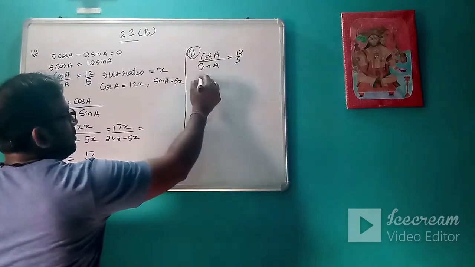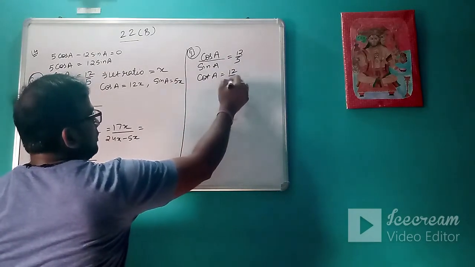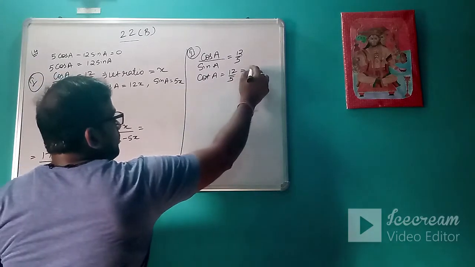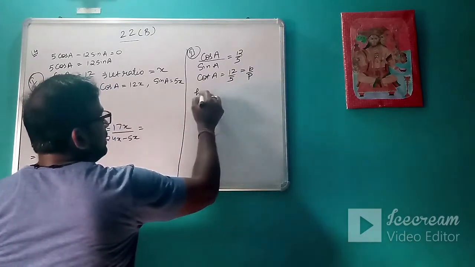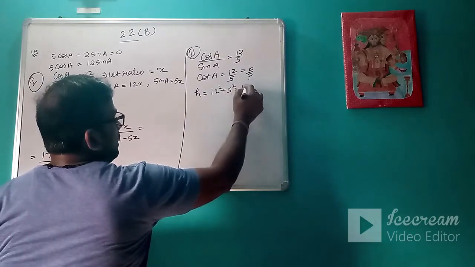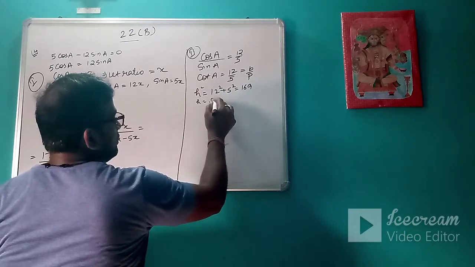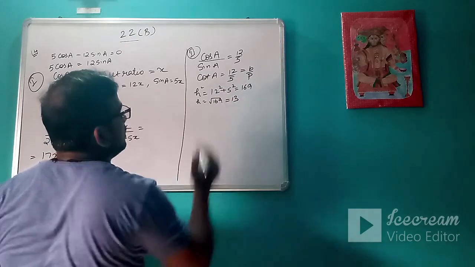So what is cos upon sin? It is cot A equal to 12 upon 5. So what was cot? B upon P. So we will find the value of H, so you will get 169. So H you will get as root 169 equal to 13.